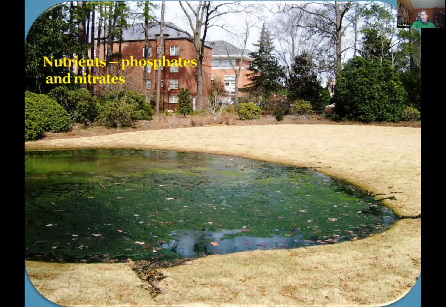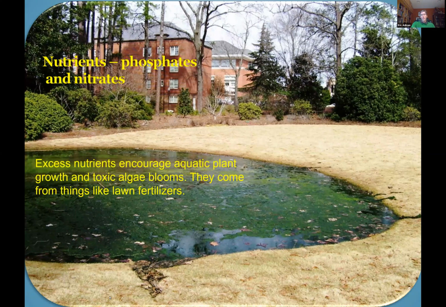Another category of water pollution is what we refer to as nutrients. Those are nutrients because they're things that feed plant life and algae. Typically, we're talking about things like nitrates and phosphates.